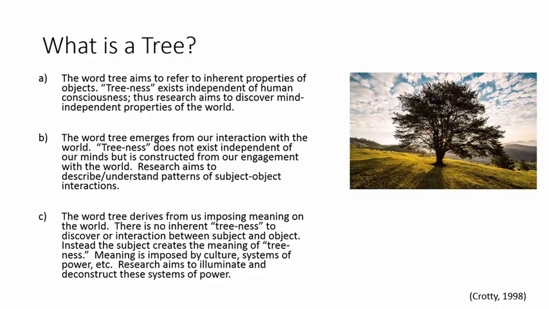So this treeness, that's referencing these properties that exist, let's say, independent of human consciousness. It's going to exist whether we're here to think about it or not. And what we're attempting to do is to discover or identify what these mind-independent properties of the world would be.